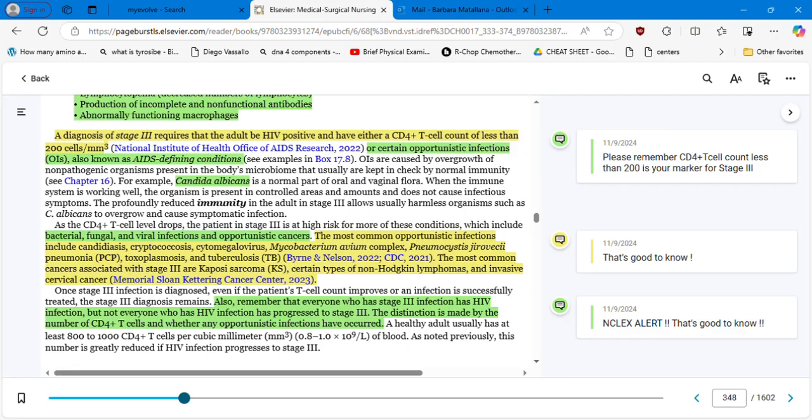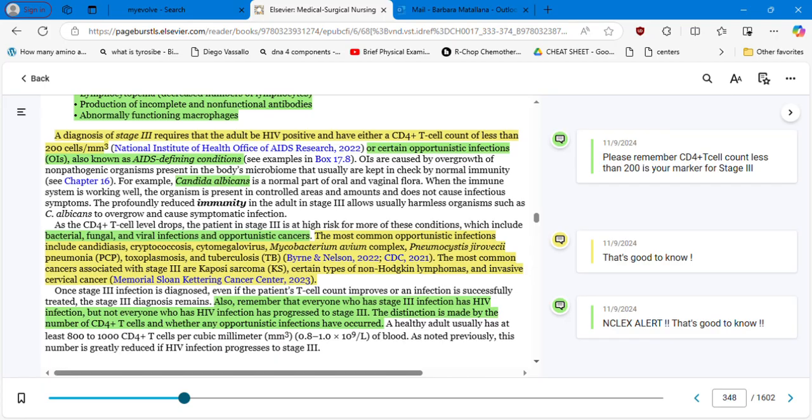And opportunistic cancers. The most common opportunistic infections include candidiasis, cryptococcosis, cytomegalovirus, Mycobacterium avium complex, pneumonitis, Pneumocystis jirovecii pneumonia. I think this is the most common.